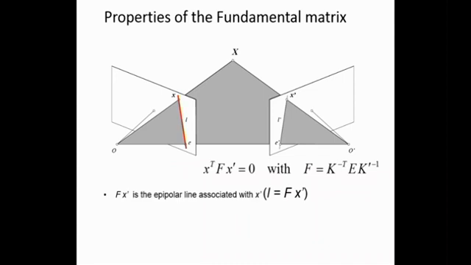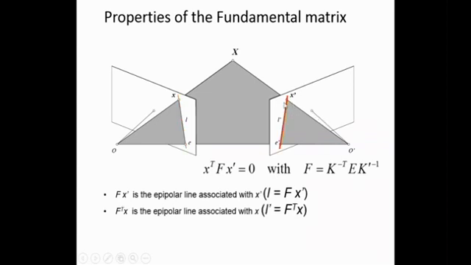It's very similar to the essential matrix, except that now the points are not pre-normalized with the inverse intrinsics. So F x prime is the epipolar line associated with x prime. And here I mean this 2D coordinate, not the ray coming from this camera center.